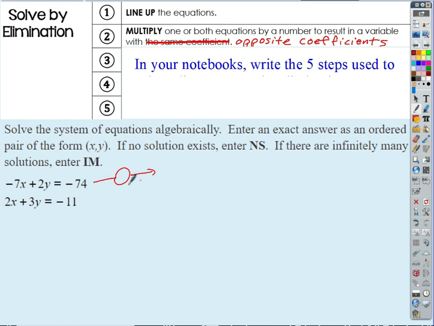Say it again, -3? Is that what I heard? Okay, -3 works. If I distribute a -3 all the way through, what am I gonna get? Positive 21x. Big number, but we can do this. Negative times negative is positive. What's 3 times 70? 210.